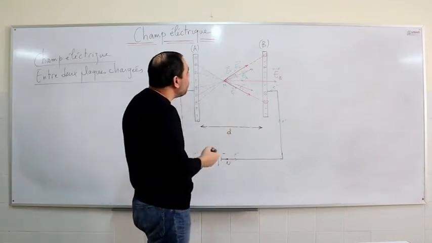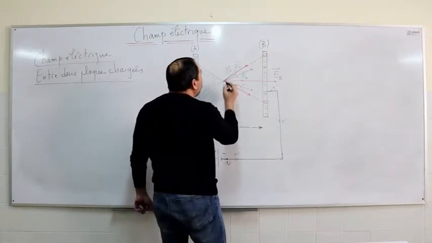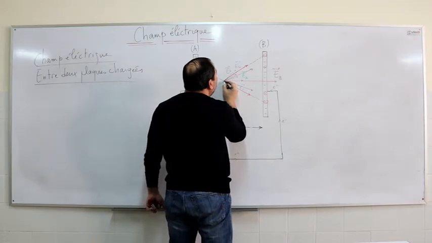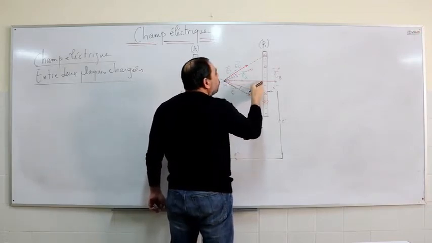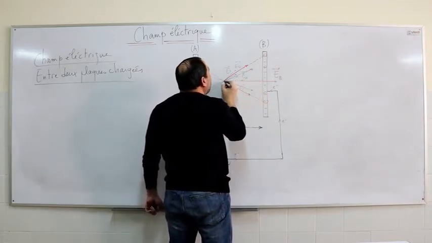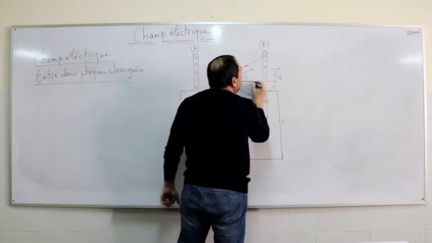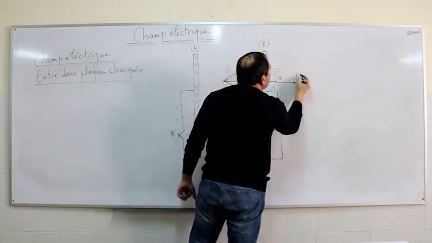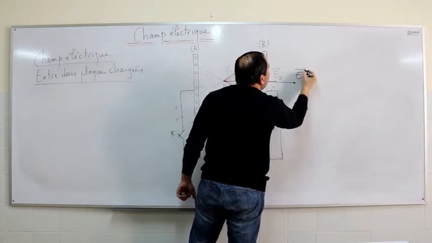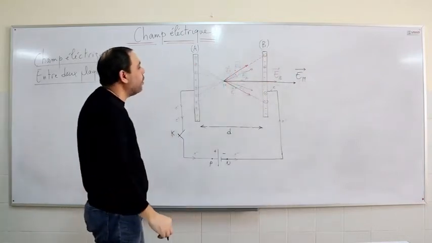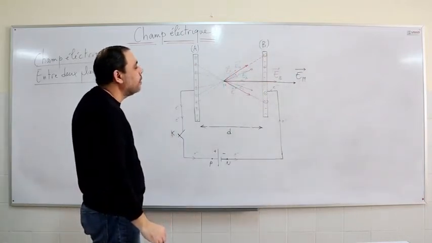What is the resultant electric field vector at point M? The resultant electric field vector at the point M is the resultant of the fields EA and EB. Hence, it is in this direction. This is EM. This is the field vector EM.